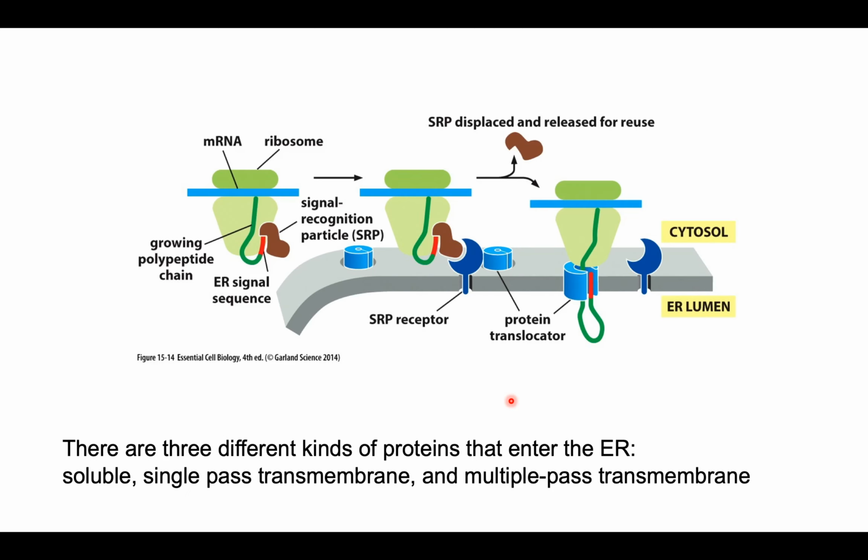So here's a more in-depth view of how that works. So that signal sequence is going to be translated. It's recognized by the signal recognition particle, or SRP. So this SRP protein is the thing that actually brings it to an SRP receptor. These are embedded in the membrane.